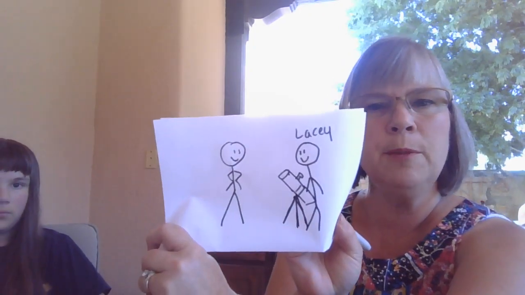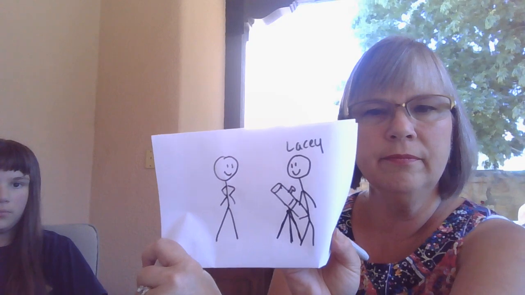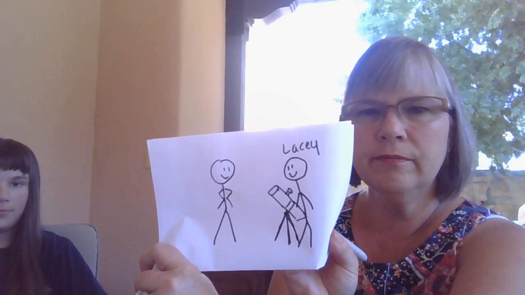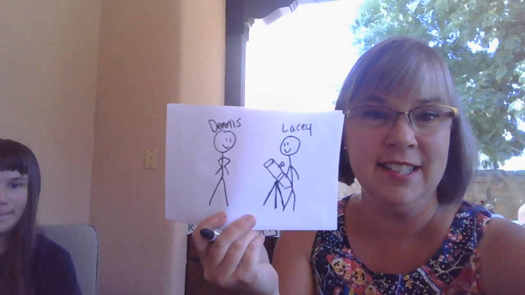What is this person's name? Dennis, okay. Dennis walks by and sees this telescope and he's thinking, gosh, I like that telescope. I would like to have one.